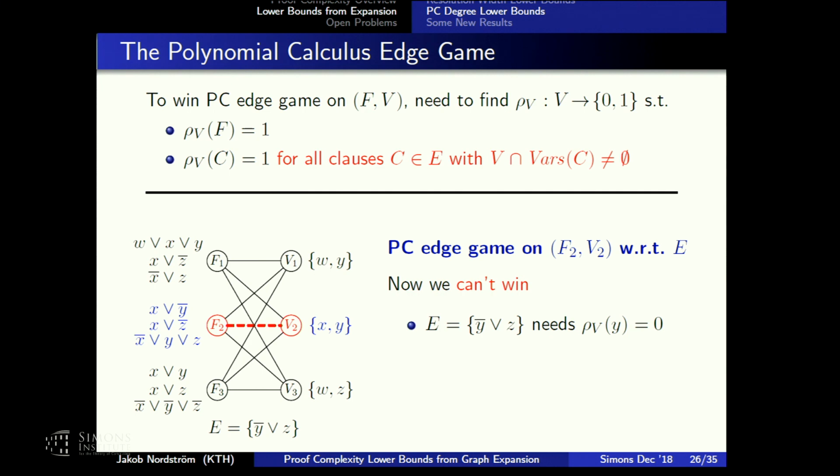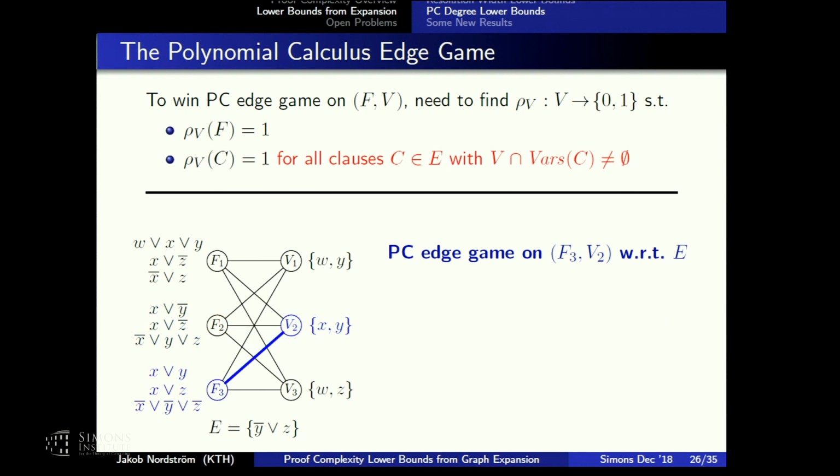So we have to set y to false. Okay? And then we have to set x, but x was encoding that y or z was true, but we don't have control over z. So basically this is saying that x and z have to have the same value, but we don't have control over z, so the adversary will just play the opposite value. And we go first, so now we lose.